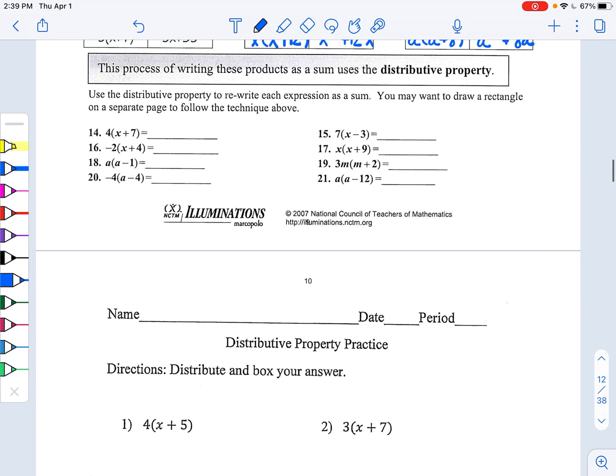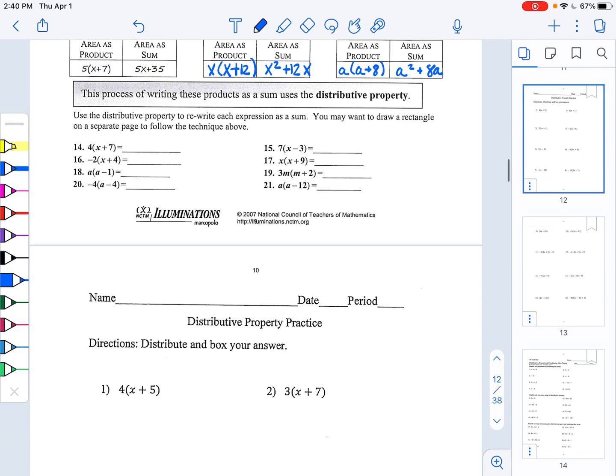Oh, school's out, ladies and gentlemen. This process of writing these products as a sum uses the distributive property. Use the distributive property to rewrite each expression as a sum. You may want to draw a rectangle on a separate page to follow the technique above.